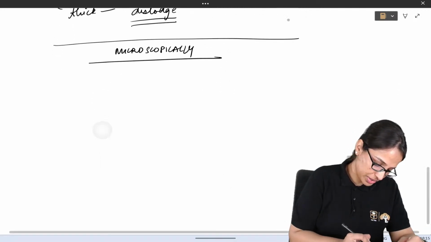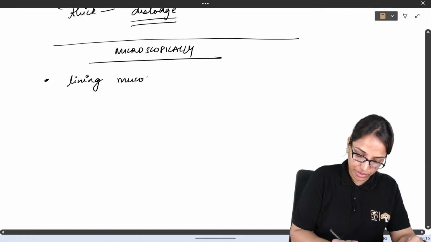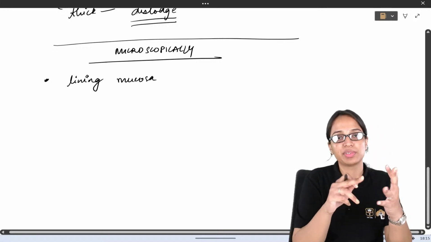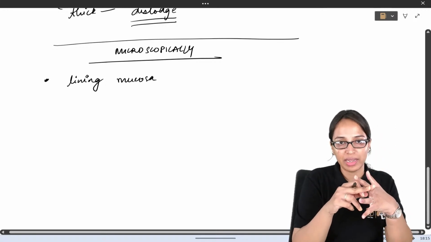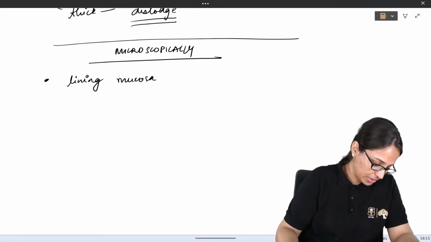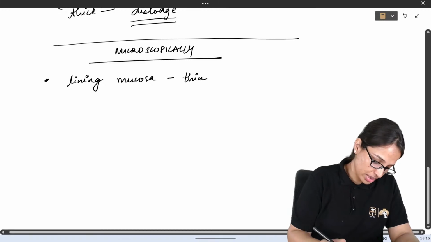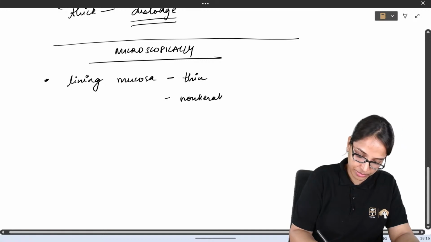Now overall, if we see microscopically the features of the vestibular epithelium, it is classified as lining mucosa. All of you are aware you have masticatory mucosa, specialized mucosa, and lining mucosa. The mucosa present in the vestibule is called lining mucosa. It is very thin and is a non-keratinized epithelium.